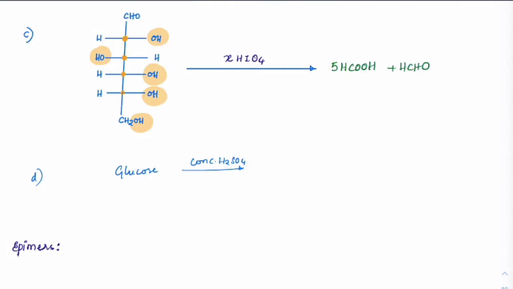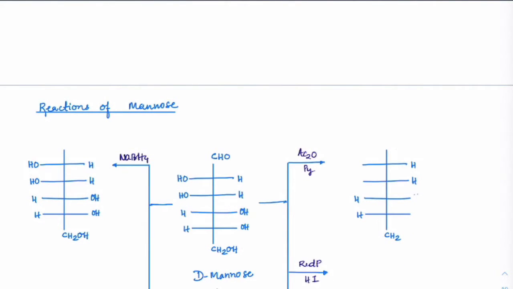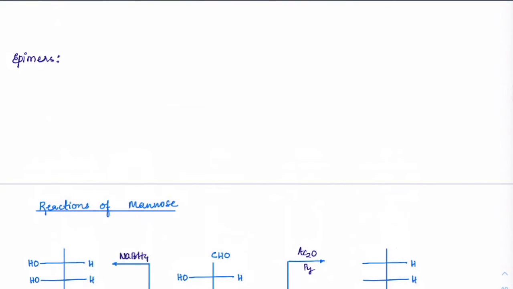Okay guys. Now, if you just check out how glucose and mannose are different from each other, the only thing you will find is that glucose and mannose are epimers of each other. So let me just define what epimers are.